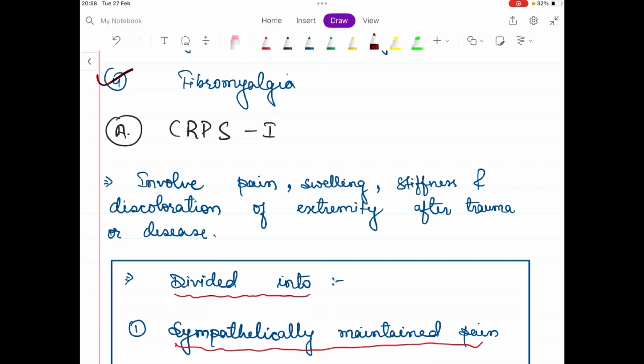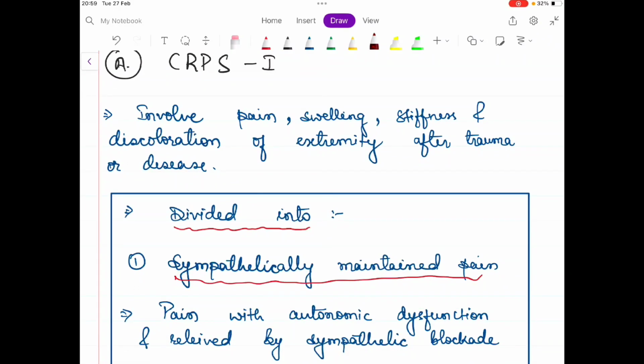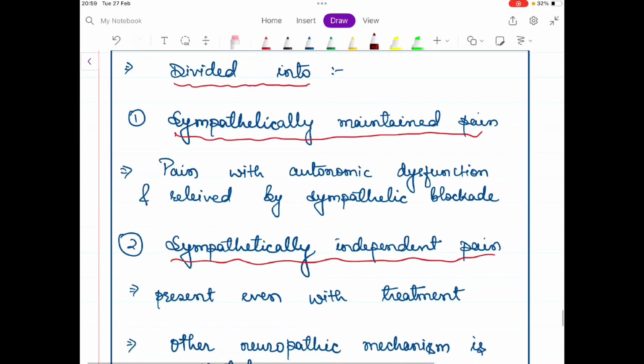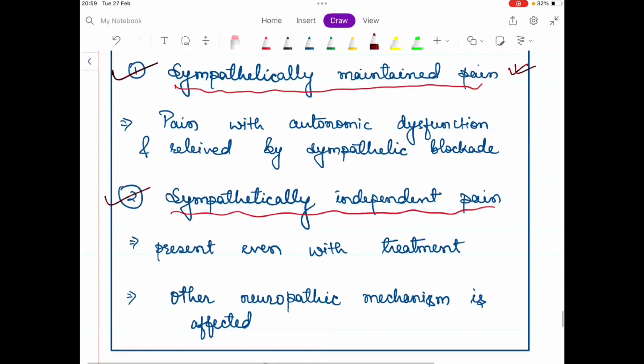So the first one is CRPS type 1. In CRPS type 1, there is pain, swelling, stiffness and discoloration of the extremity after any trauma or any disease. It is divided into sympathetically maintained pain and sympathetically independent pain. In sympathetically maintained pain, there is pain and there is autonomic dysfunction.